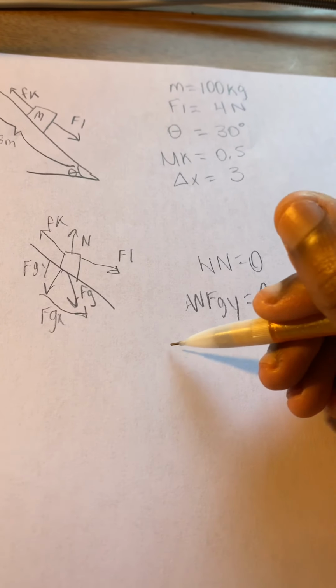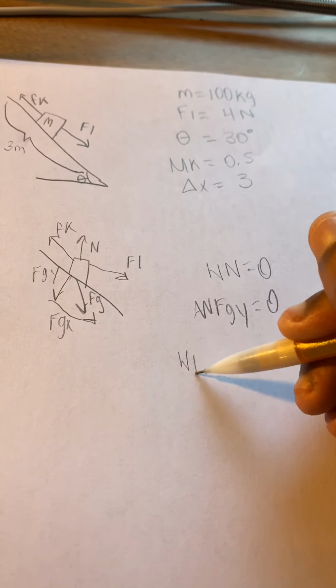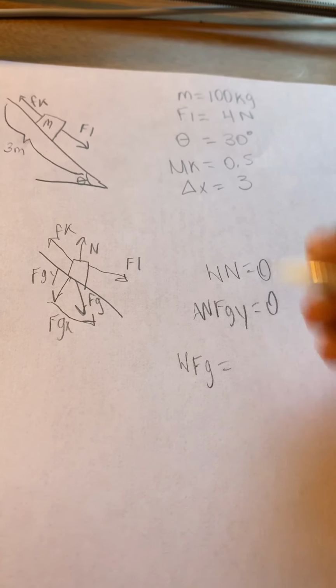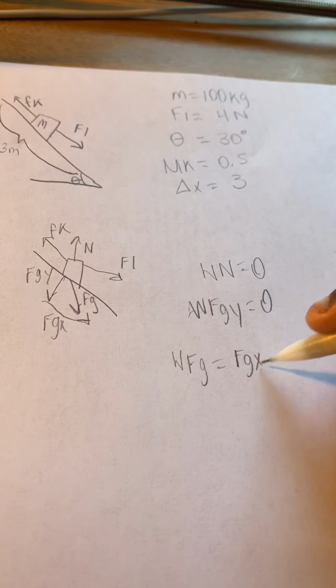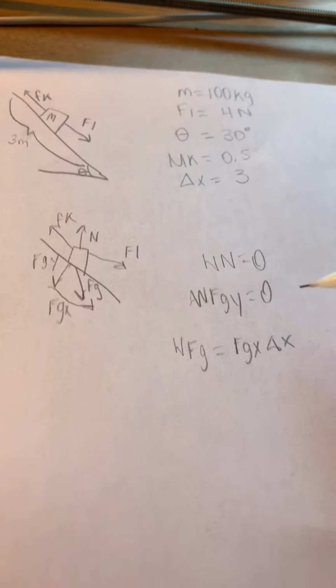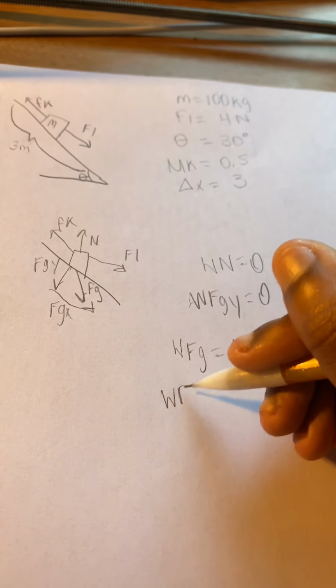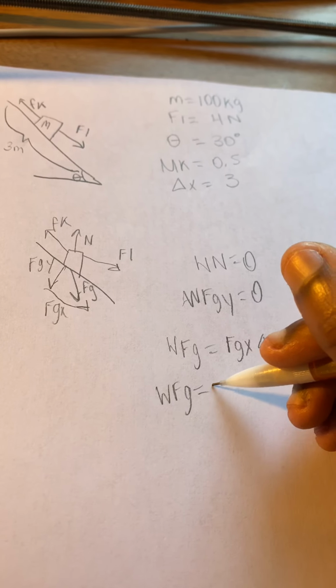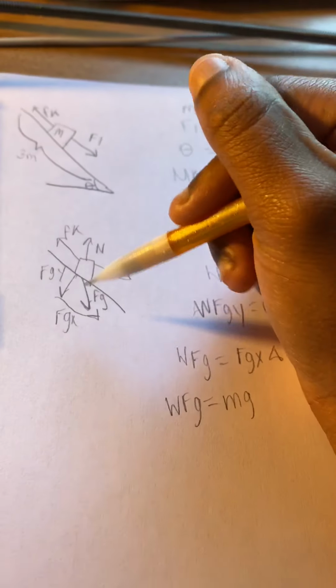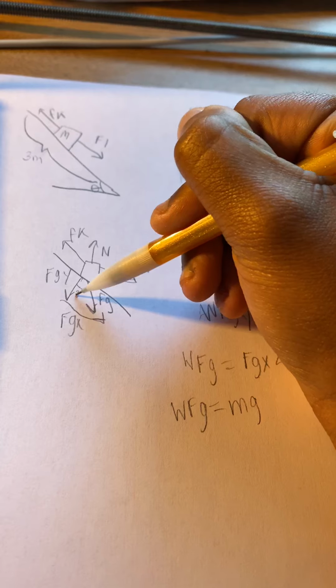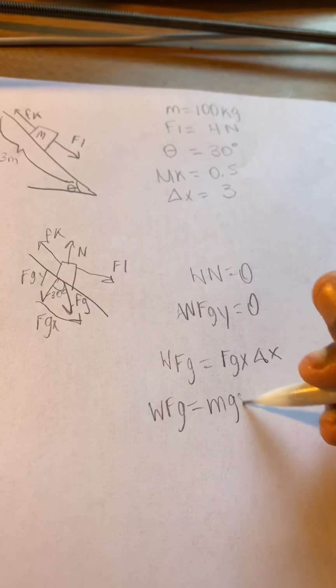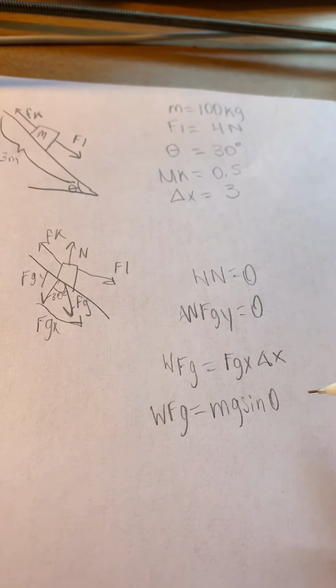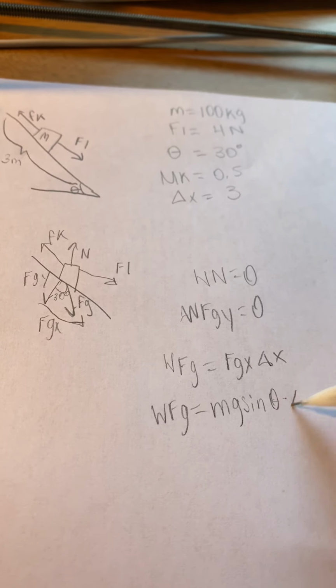So you want to do WFG equals FGX times your displacement. So that will be mg, and since this is opposite of this angle right here, it will be sine of theta, times your displacement.